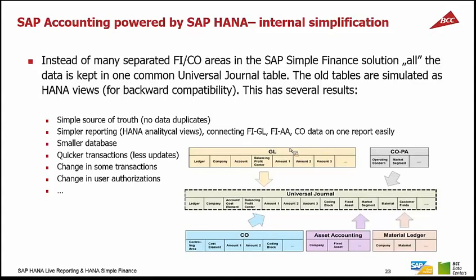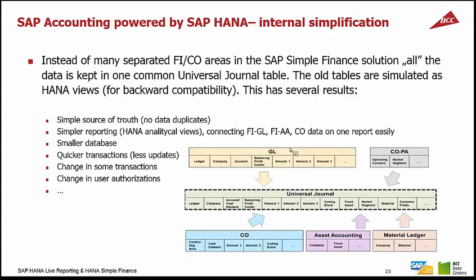But some transactions are changed, or new transactions are used instead of them. For example, the cost elements known in CO are disappearing. Instead, there's an additional attribute of the general account that sets the type of the general account.